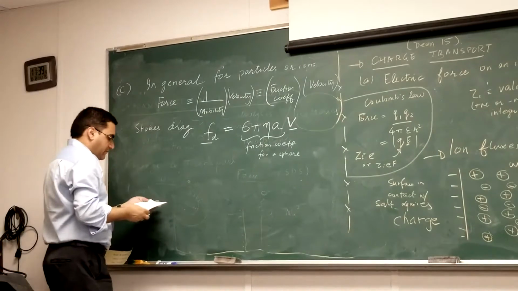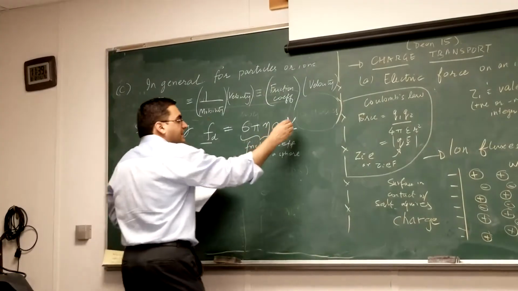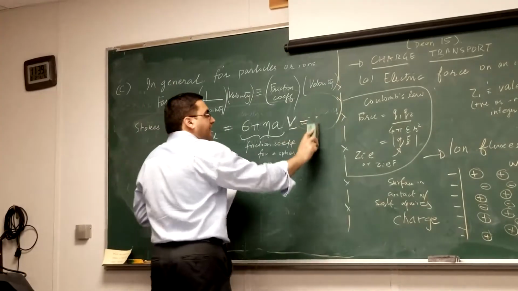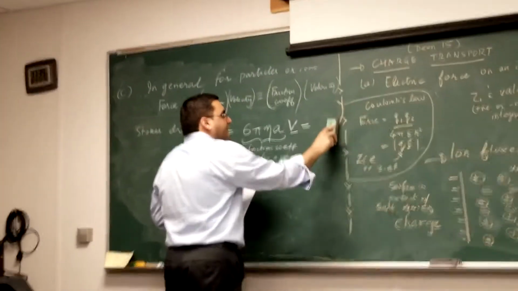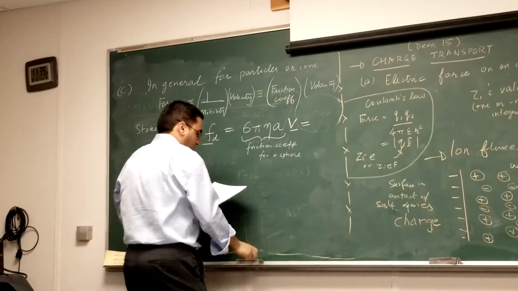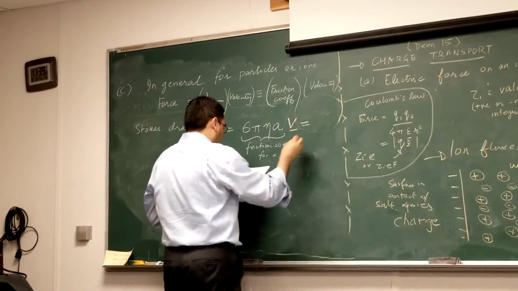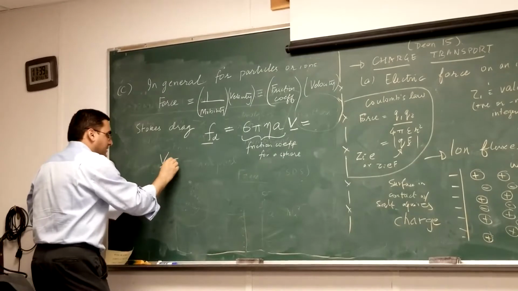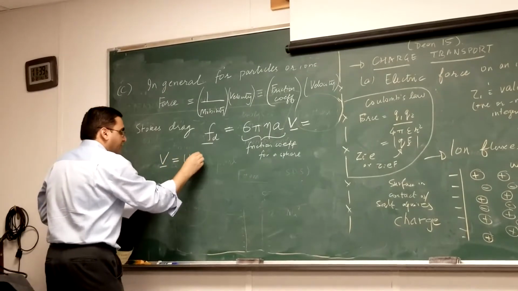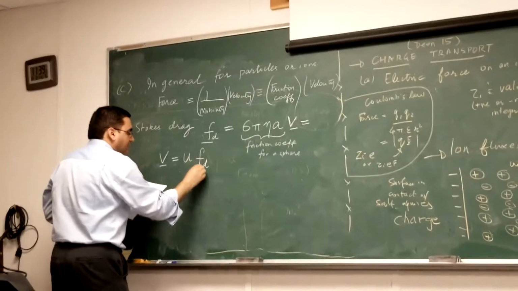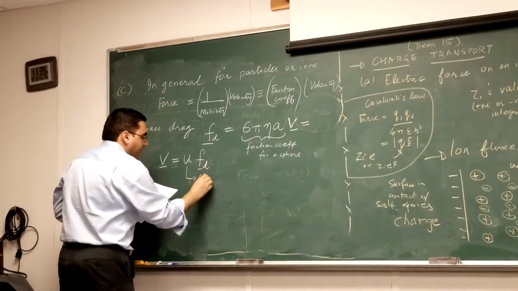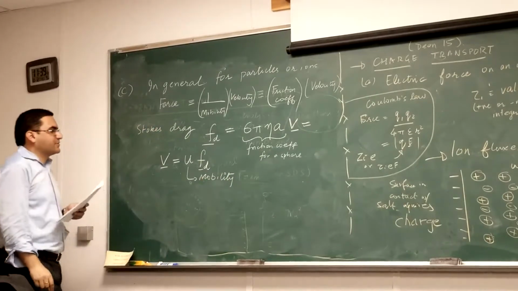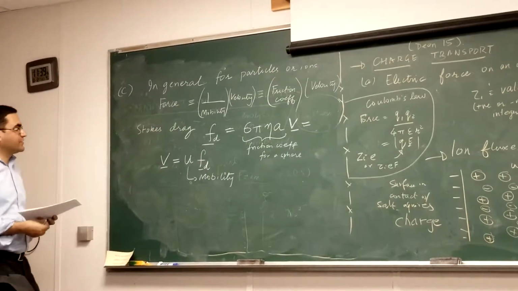And I can write this as, actually let's just retain only the symbol that you need for Dean, otherwise I'll confuse. So in case of Dean, you would write this as u times F_D, where u is mobility. In some textbooks they use M, in other textbooks they use other symbols.